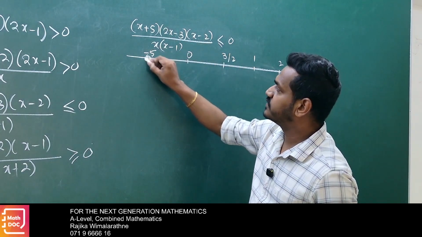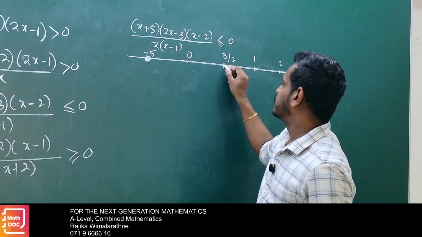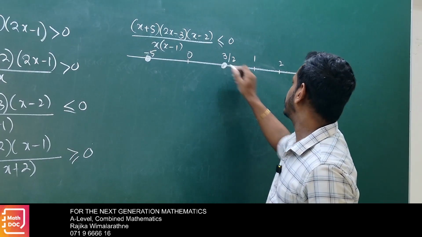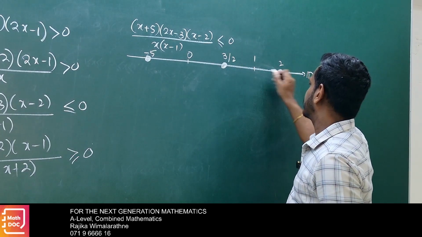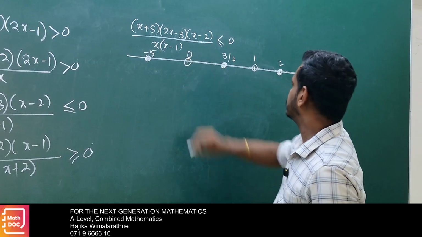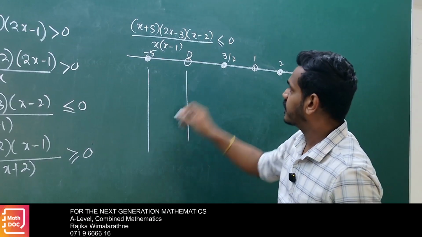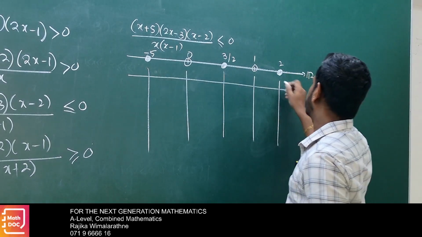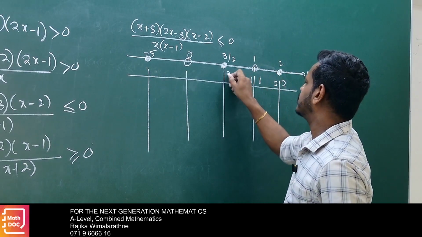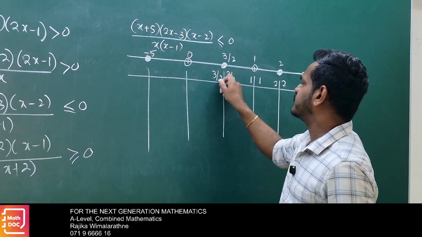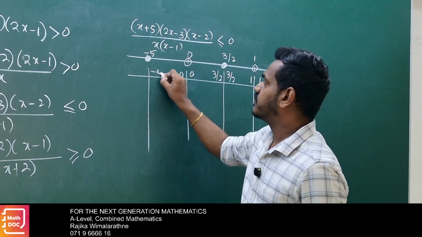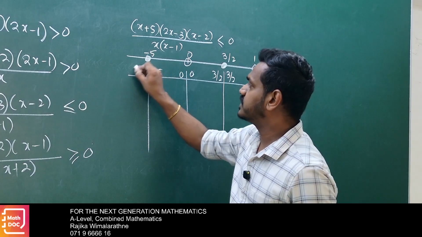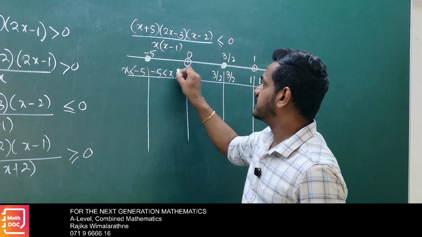Then minus 5 possible equality, 3 over 2 possible equality, and 2 possible equality. Here not equal. Get a table: 2, 1, 3 over 2, 0, minus 5. Here these are the column headers.